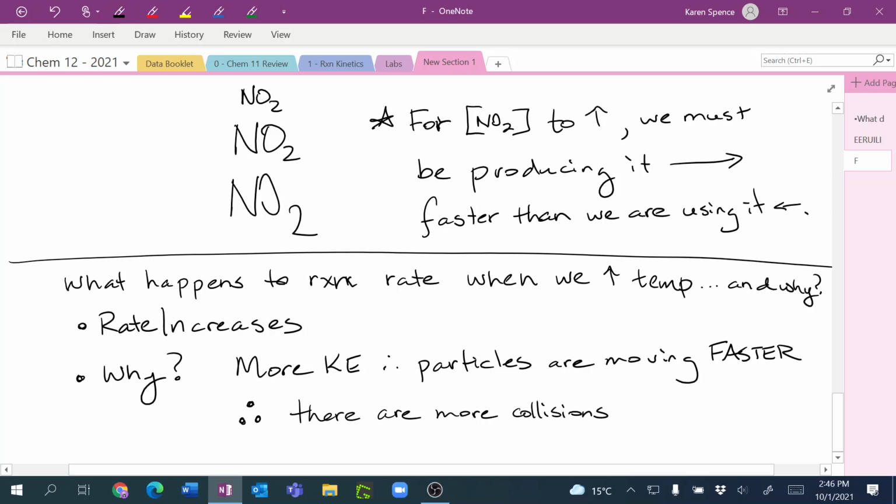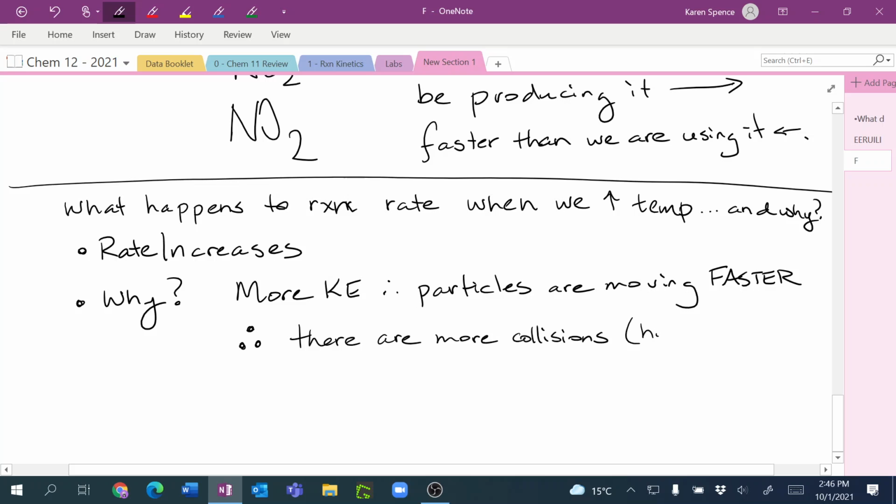Higher frequency of collisions. And also, not only are there more collisions, but what else?